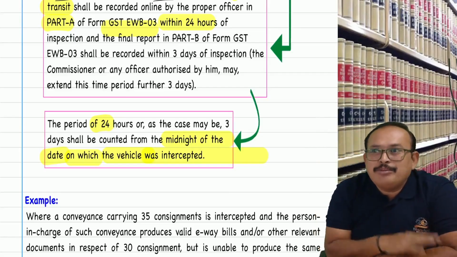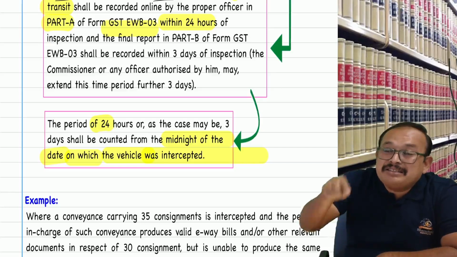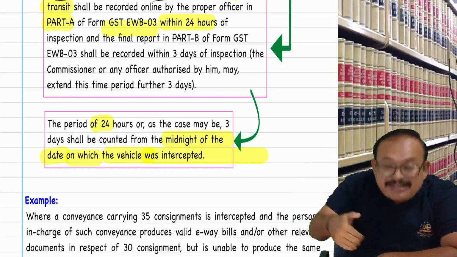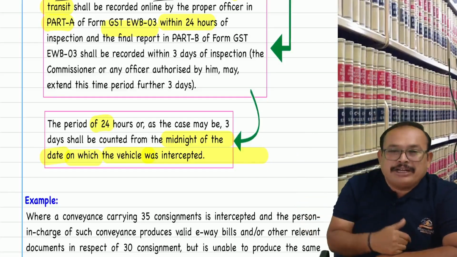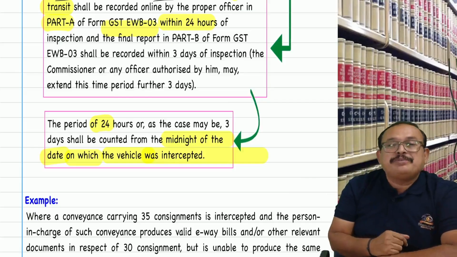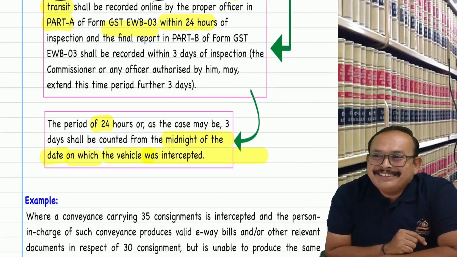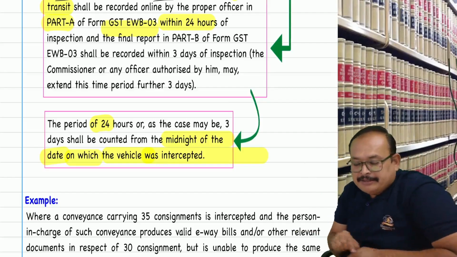It is valid, because the 24 hours are counted from the day on which detention and inspection took place, from that day's midnight onwards. That means from midnight of today, 24 hours means the next day's midnight. You get my point, sir? That is the time limit.